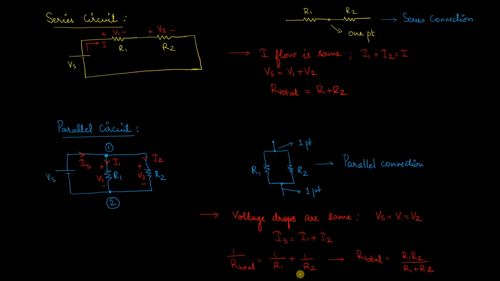Now this works well if you are having only two resistances, but otherwise you have to compute the reciprocal and then take the inverse to compute the R total. Okay, so if you have understood that, I will give you one simple parallel and series connection. Let's see if we can identify what the value of equivalent current and voltage sources would be.